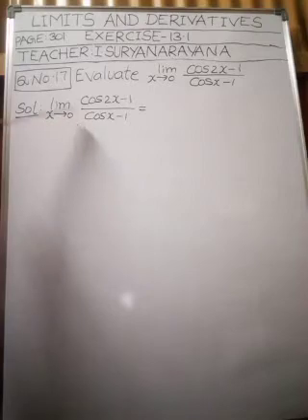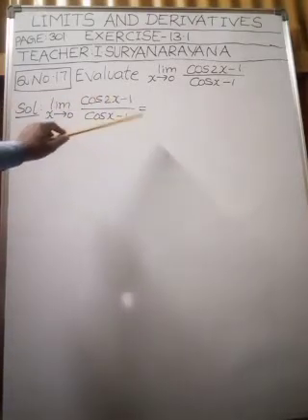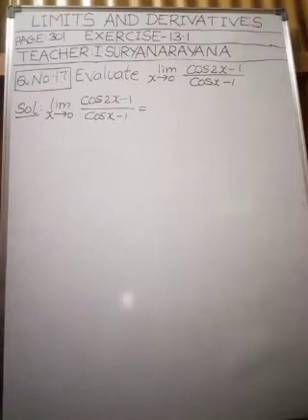As x tends to 0, limit of cos 2x minus 1 by cos x minus 1 is equal to, if you apply the substitution method, we get 0 by 0. That is an indeterminate form. Okay, my children?